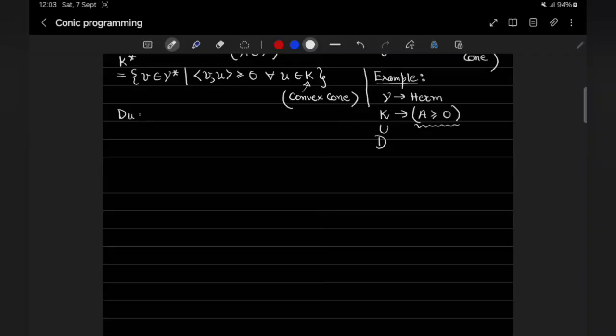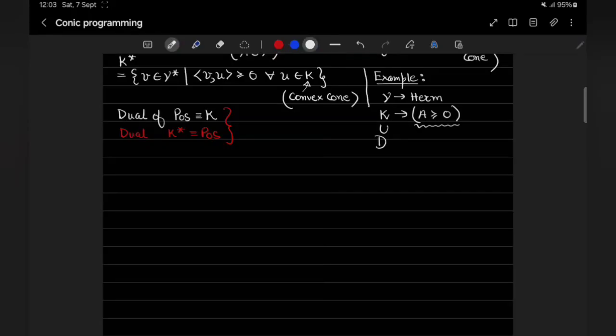Now with this idea we talk about what is the dual of this. What is the dual of POS, which is defined as K? What is the dual of the set of positive semi-definite matrices? The answer, which is kind of a theorem, is that the dual K star is also the positive semi-definite operators. This will be useful several times, particularly when we frame semi-definite programming: the dual of the set of positive semi-definite matrices is the set of positive semi-definite matrices.